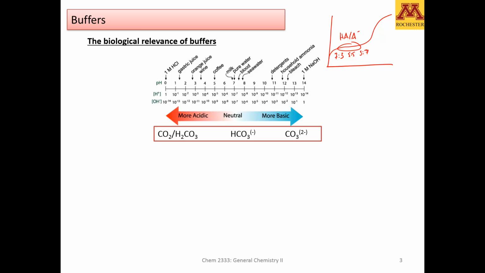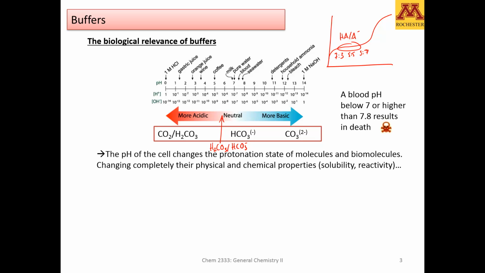Okay, so a buffer system that is very common in biological systems is the carbonic acid, hydrogen carbonate system. So in a specific range of pH, pretty much around here, where there is a combination of carbonic acid with hydrogen carbonate, the biological systems will use this buffer to keep the pH around 7.